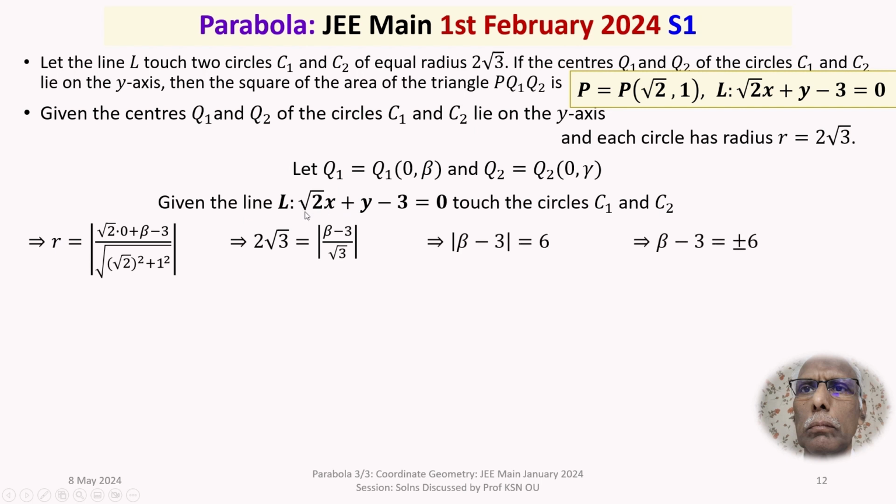the perpendicular distance of the center Q1 (0, beta) from the line L. That is modulus of root 2 times 0 plus beta minus 3, divided by the square root of the square of the coefficient of x, root 2 squared, plus the square of the coefficient of y, that is 1 squared. So you substitute x equals 0, y equals beta.